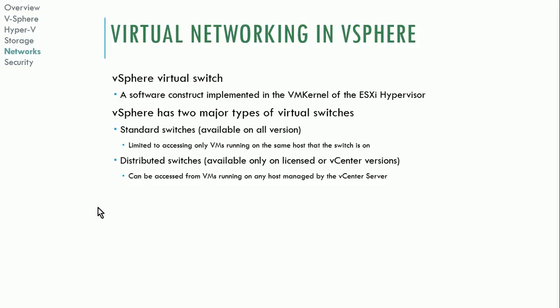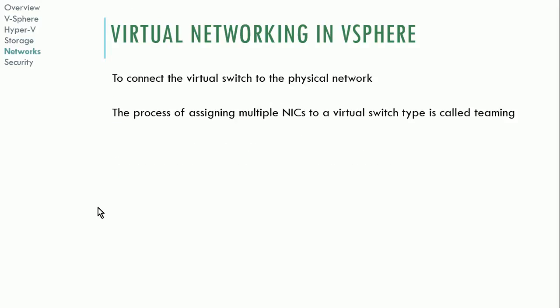So basically, the standard switch is a switch available within the hypervisor on a single host running virtual machines, whereas distributed switches let you have multiple VMware hosts running virtual machines that act as one giant switch, so you can leverage a lot of these features across many different hosts.